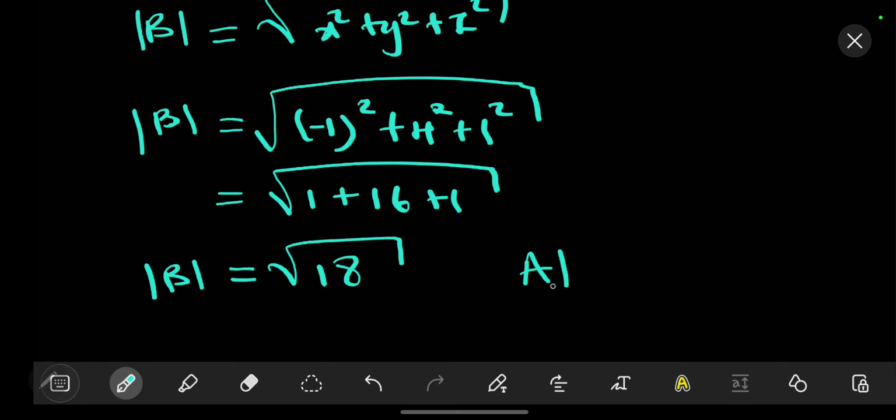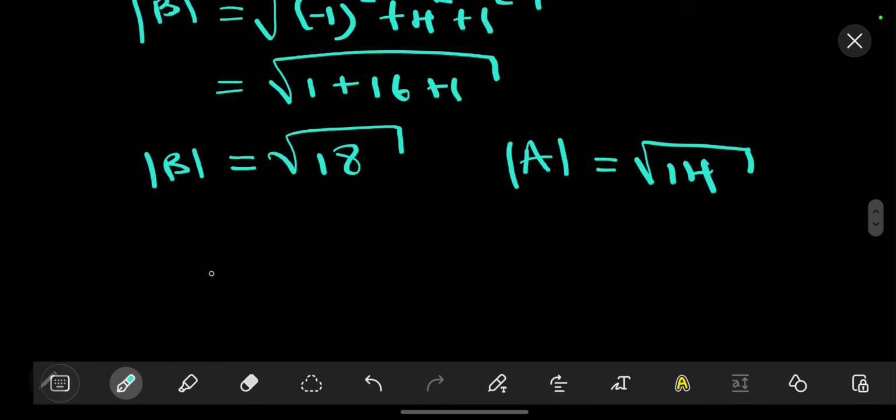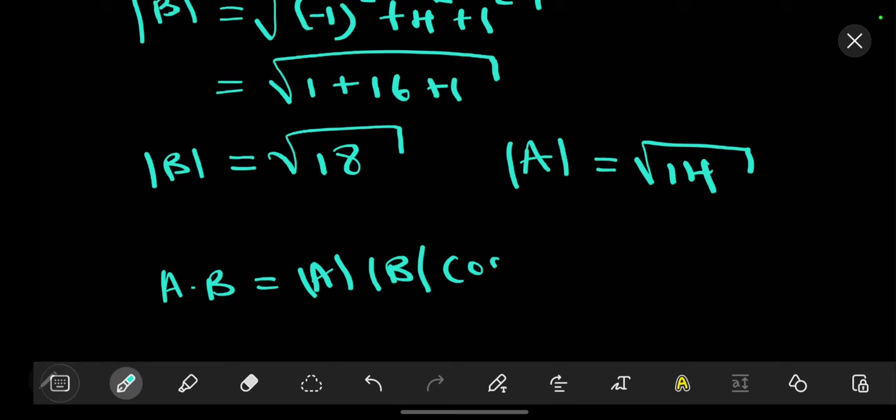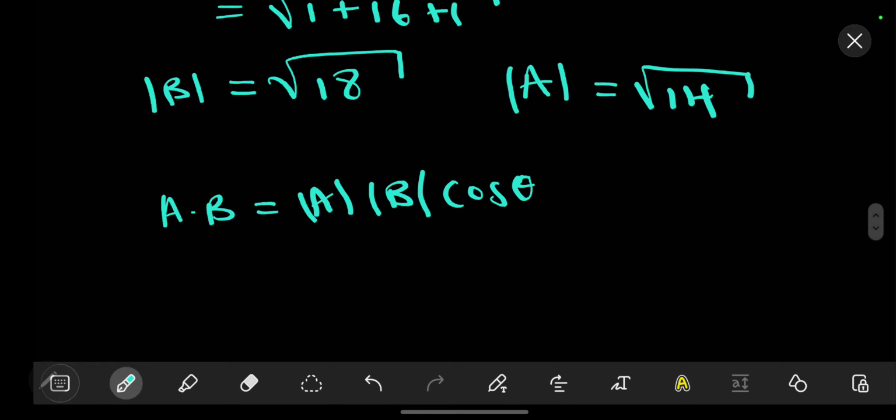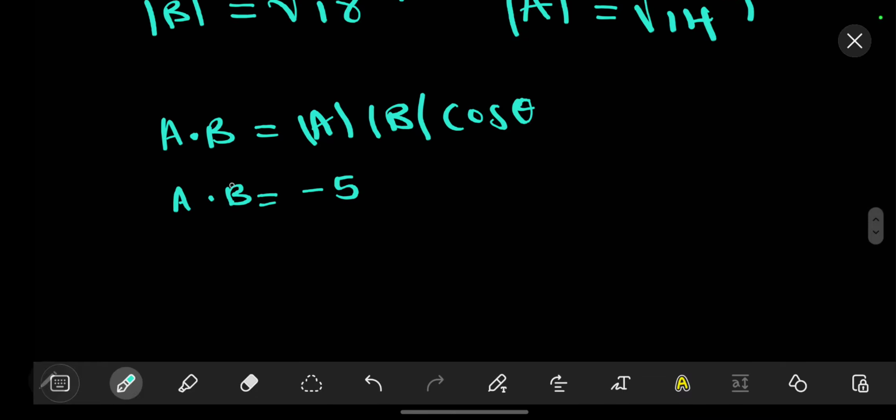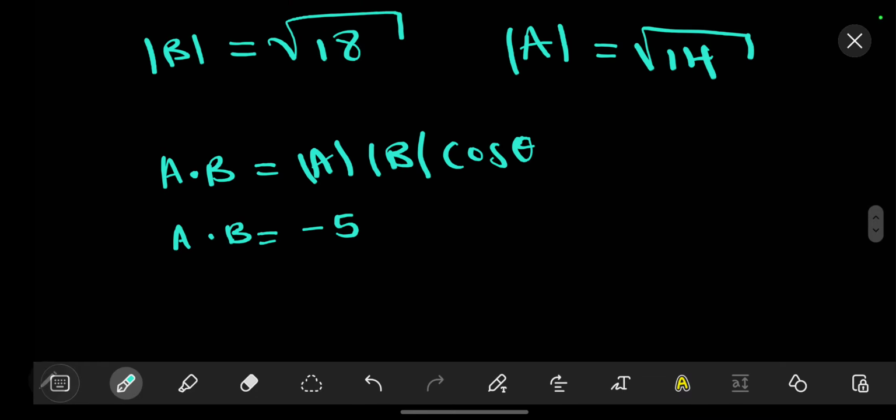We found the size of a to be equal to the square root of 14. Therefore, we can now find the angle, since the dot product a dot b is equal to the magnitude of a times the magnitude of b times the cosine of the angle between them. We know that a dot b gave us negative 5, so where there is the dot product, we put negative 5.